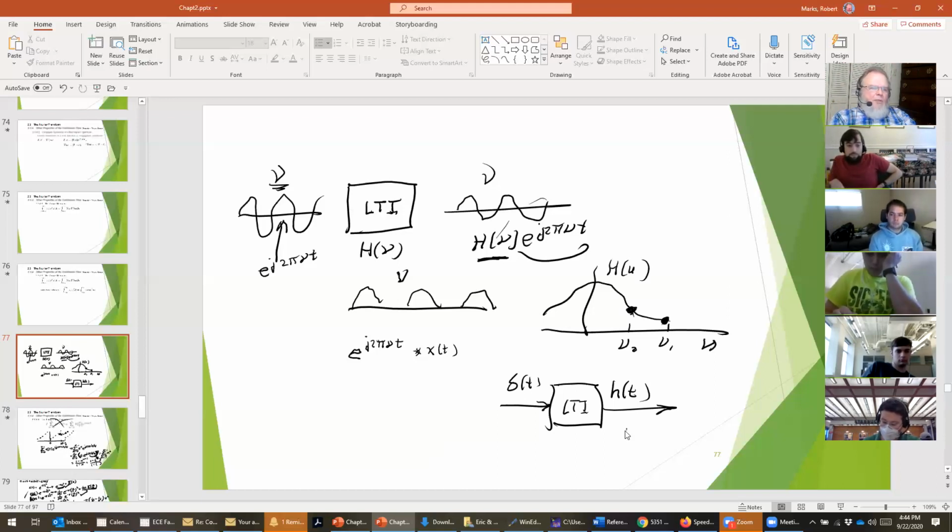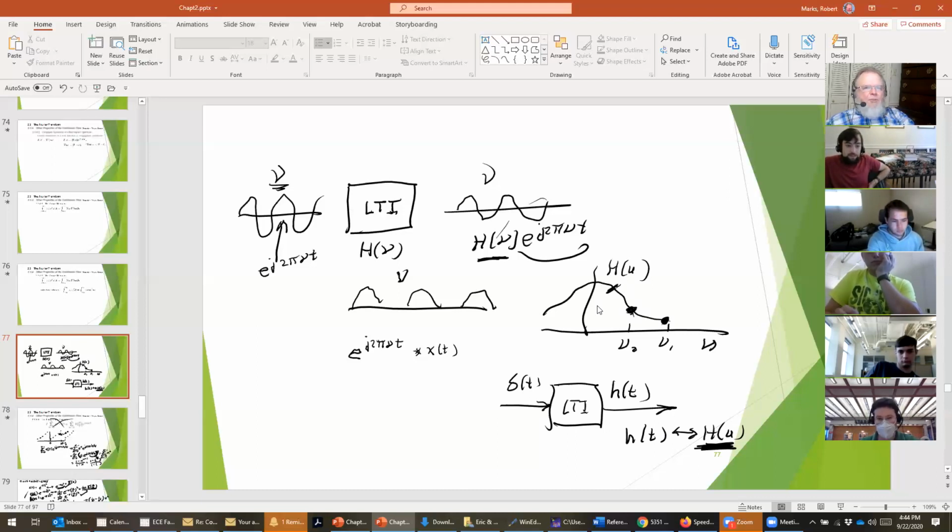And of course, we know that the impulse response has a Fourier transform of the frequency response of the system. This is a lot easier way to get the frequency response than measuring them one at a time, but the math is exactly the same. It's just different approaches to getting the same result.